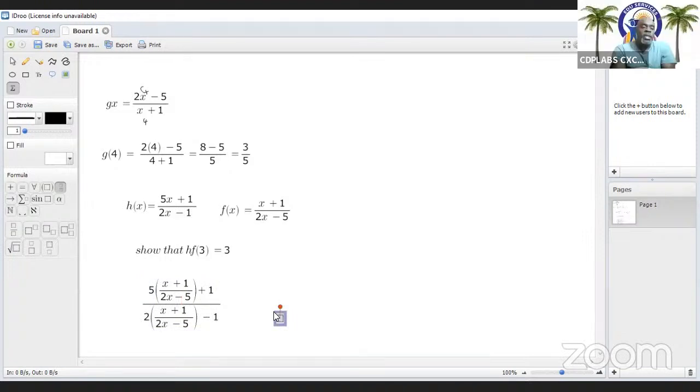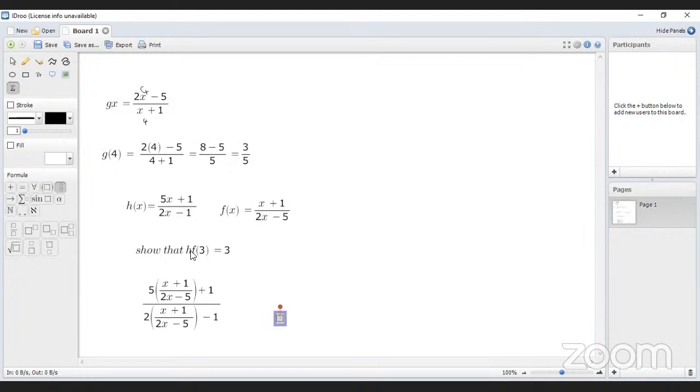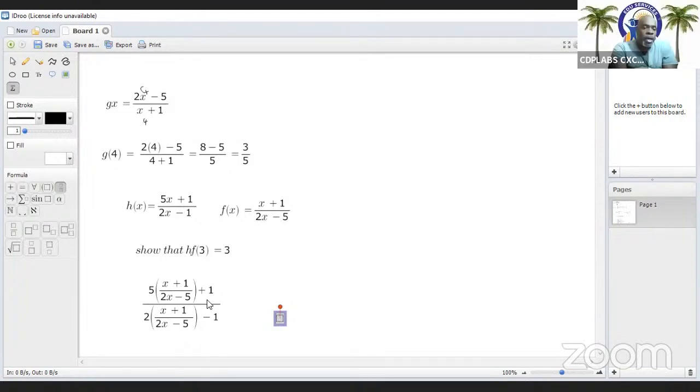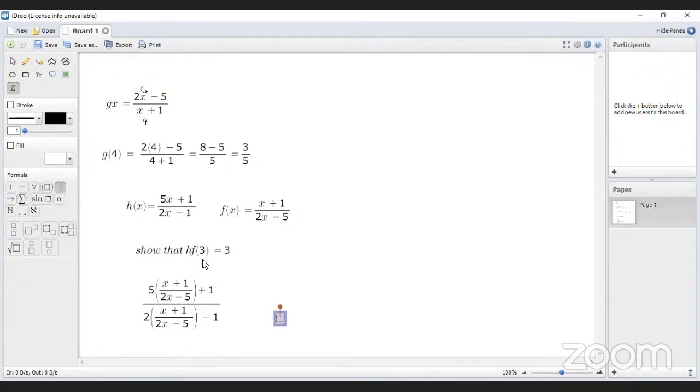So note, all of this is h of f of x, which is what we call a composite function. Make sense? Yeah. Good.